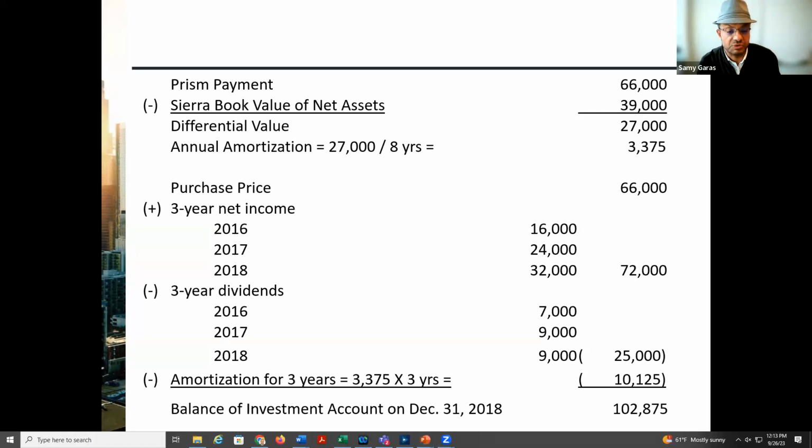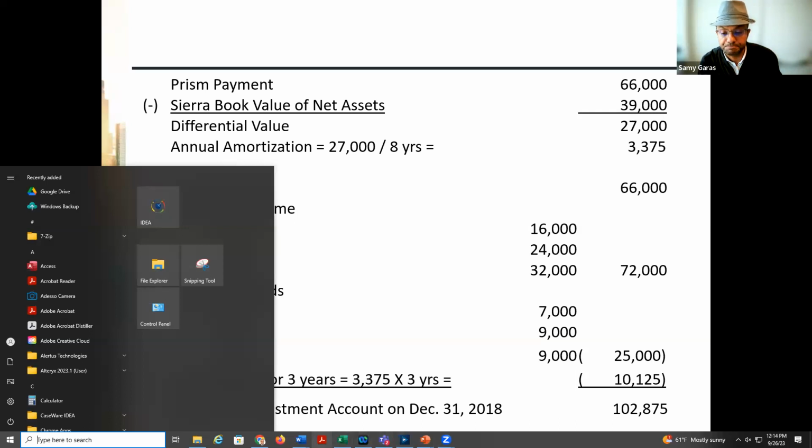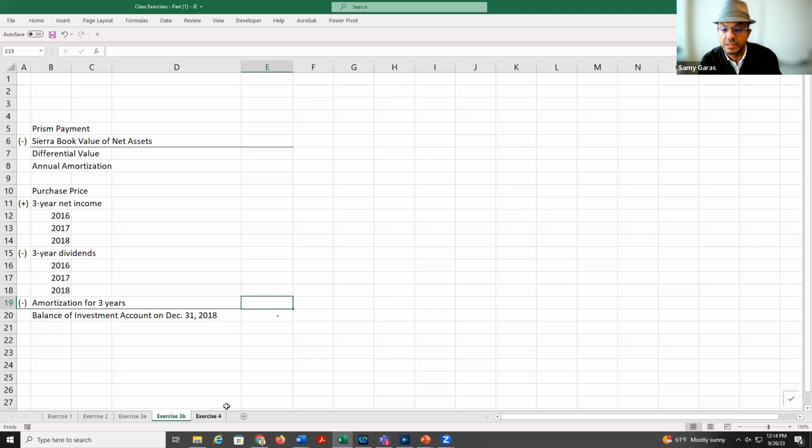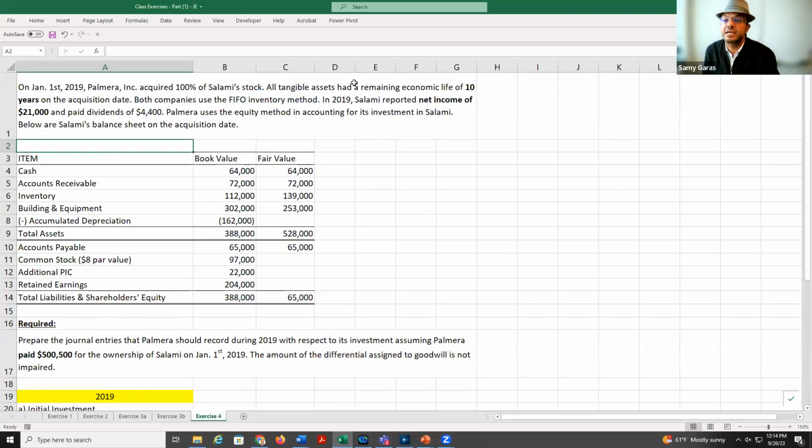And now let us come to the last exercise. In this exercise here, we see that the company made a payment of $500,500, and this is in cash. However, the company had a balance here of the fair value of the assets.